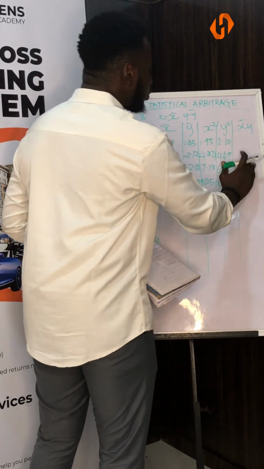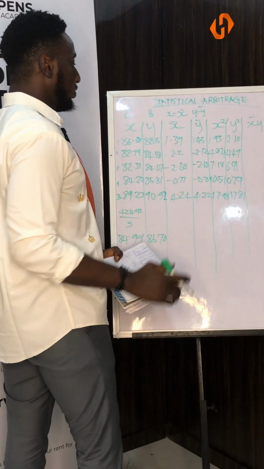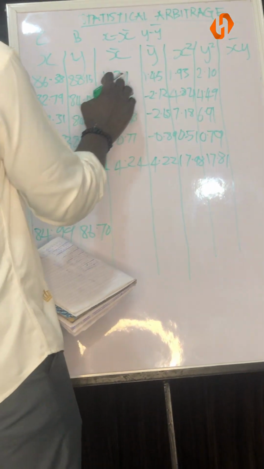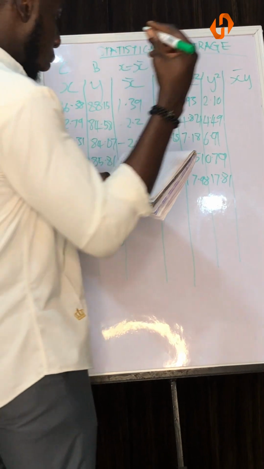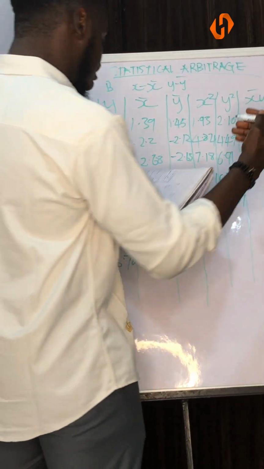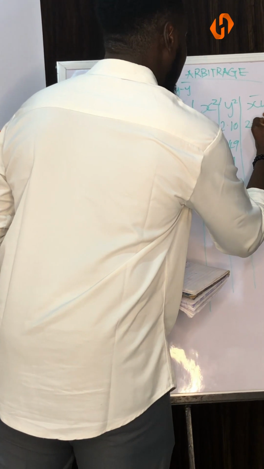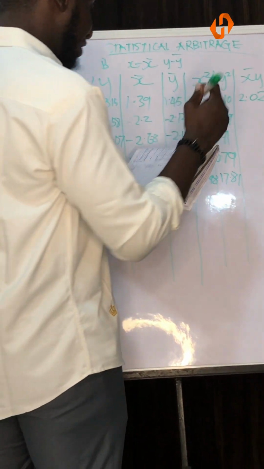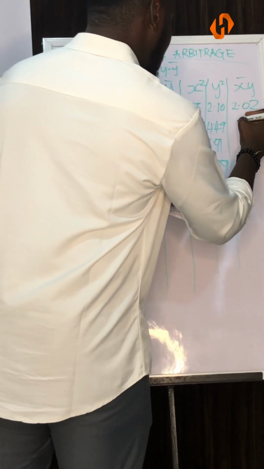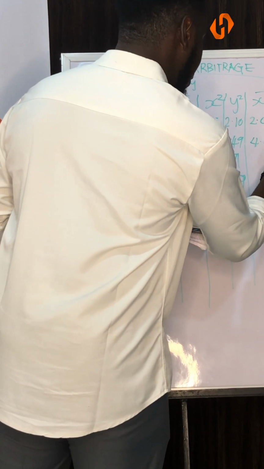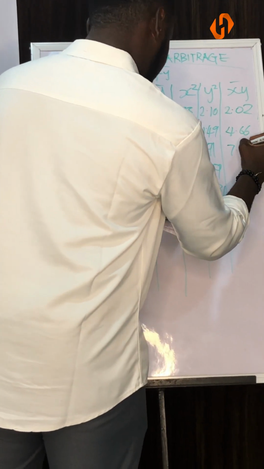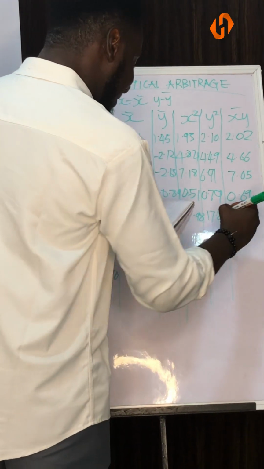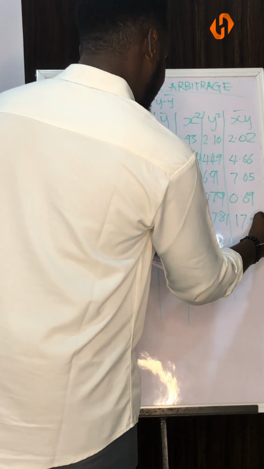Now to get the product of X and Y, we multiply the deviation of X by the deviation of Y, which is 1.39 by 1.45. Doing the calculation, you get 2.02 for the first one. I'll input the figures, but you know the sequence in which this was calculated: 2.02 for the first, 4.66 for the second, 7.05 for the third, 0.69 for the fourth, and lastly 7.89.